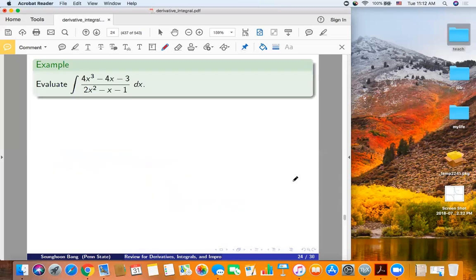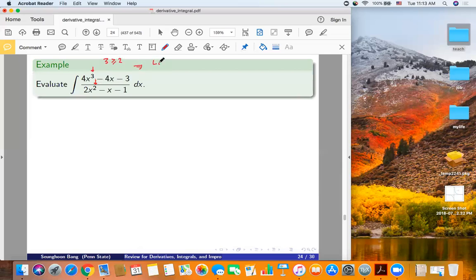This one is 4x cubed minus 4x minus 3, over 2x squared minus x minus 1. You can compare: the top power is 3 and the bottom power is 2. What does it mean? The top power is greater than or equal to the bottom power. How can you solve it?